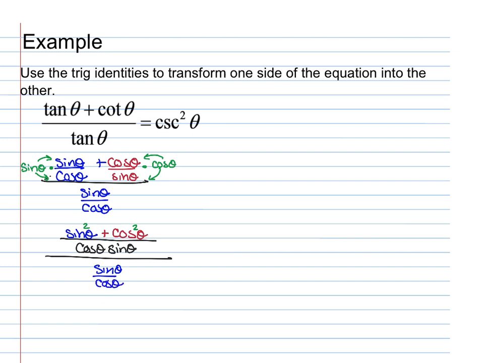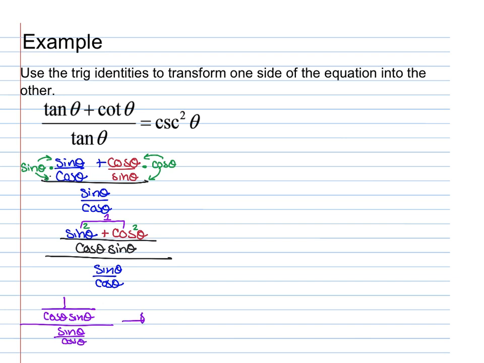And now that I have that, I want you to see that this is a Pythagorean identity, which we know that sine squared theta plus cosine squared theta equals 1. So now we're going to have 1 over cosine theta sine theta, all of that over sine theta cosine theta.